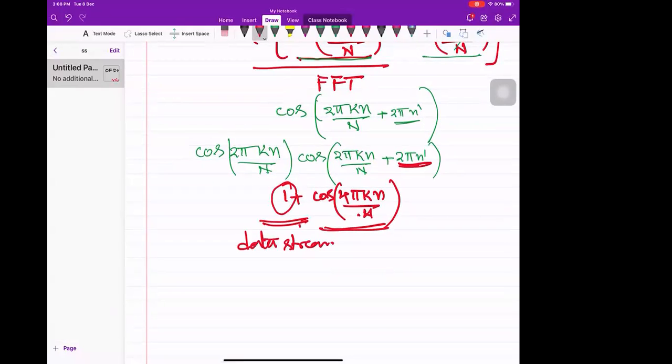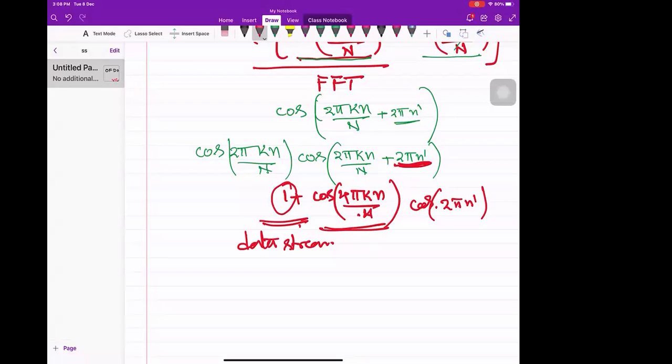But because of your 2 pi n dash, it is not exactly cos A and cos A again. It is cos A into cos A plus B. So there is some residual coming into your communication, and this residual will create a lot of disturbance in my communication channel. So this is the major synchronization issue in OFDM.